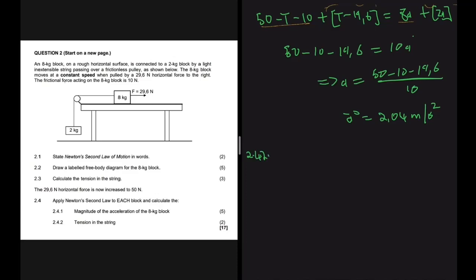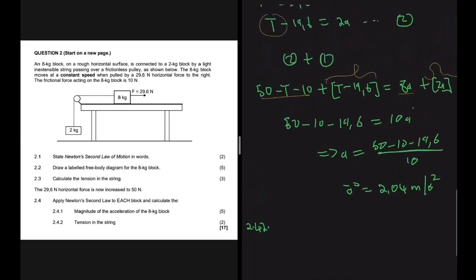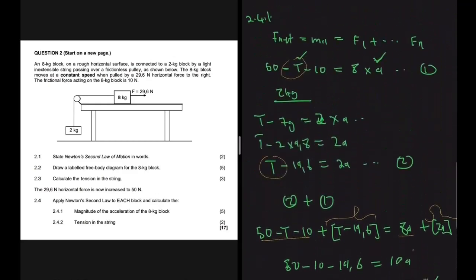Last but not least, 2.4.2 says calculate the tension in the string. We have this equation 1 here, and then we have this equation 2 here, and we're supposed to find acceleration. So we can just sub in the a we found in 2.4.1 into any of these equations.